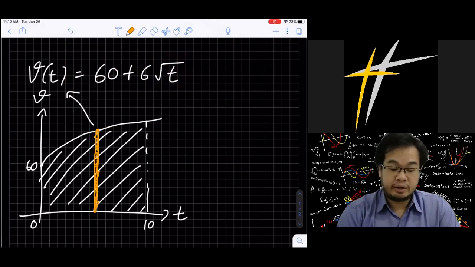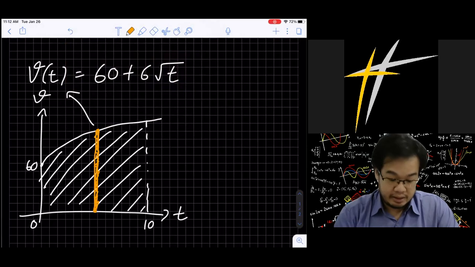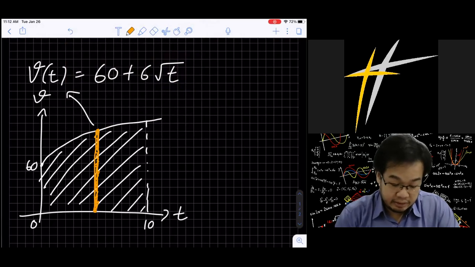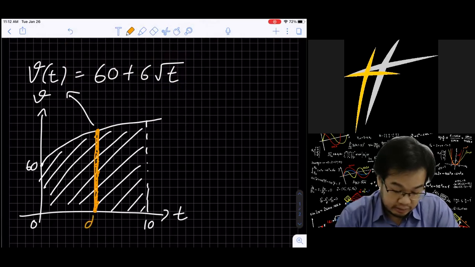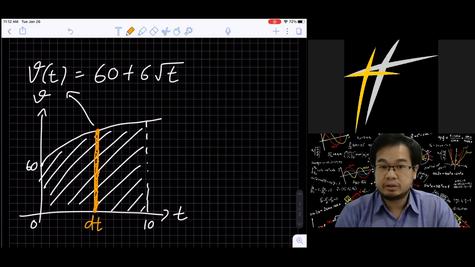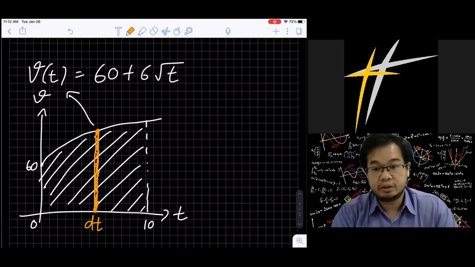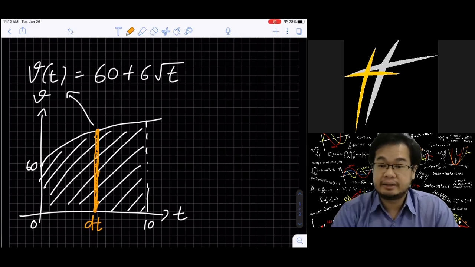It is a rectangle, and let's say that the width is dt. Why dt? Because it's a small part of t. It's like delta t, t2 minus t1, but the delta t is really small, so we call it dt.